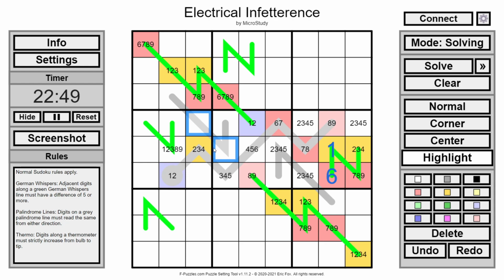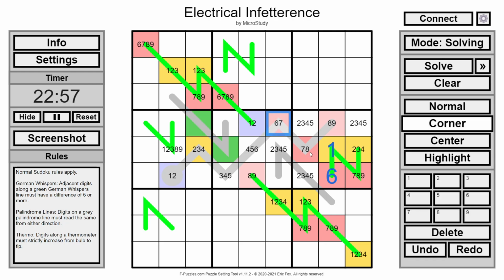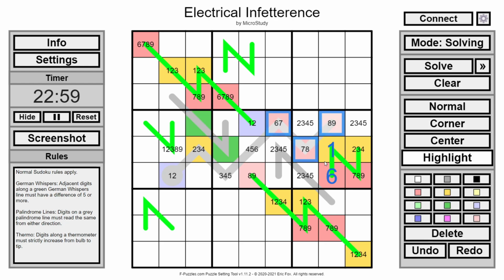If these are high digits, it's actually very restricted. I didn't notice this before. If this new dark green is a high digit, it sees 3 different high digits because it sees the 3 along the thermometer, which means it's the 4th high digit.